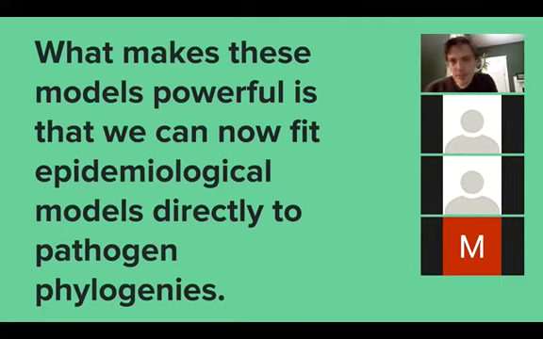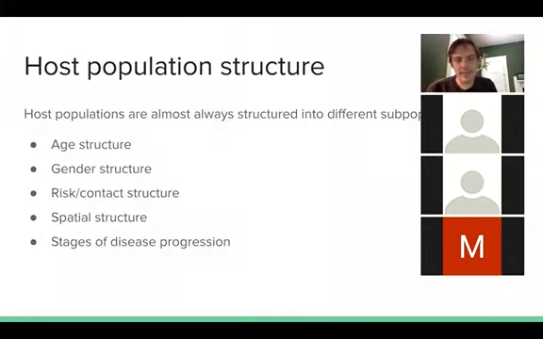Okay, so one thing we need to consider in order to truly generalize these types of SIR coalescent models is that in the real world, almost all host populations are structured in some way.